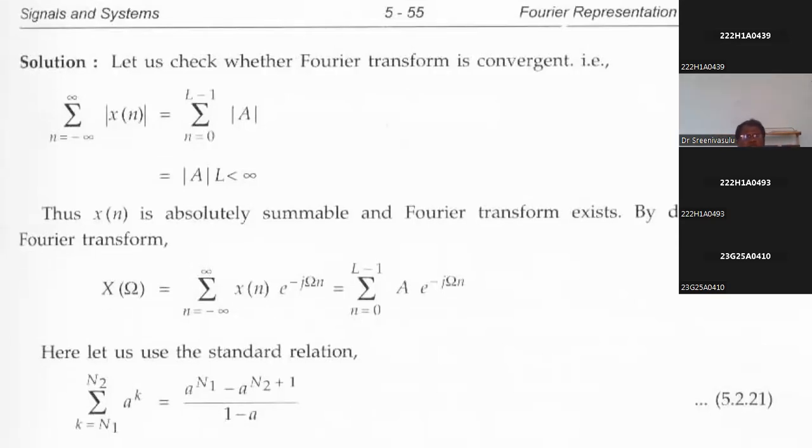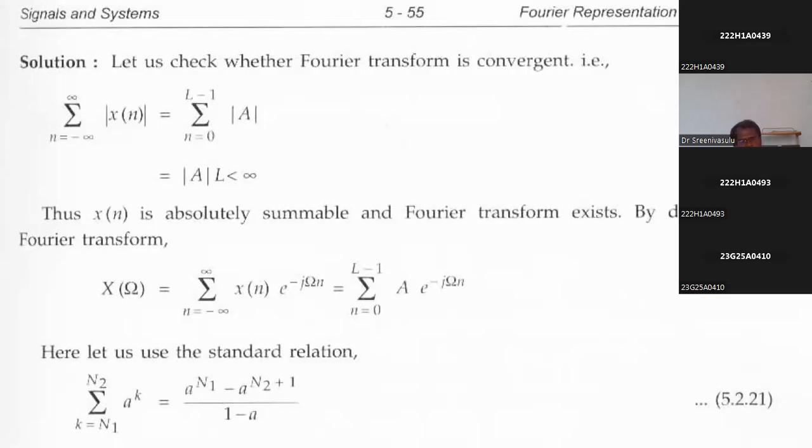The limits are from n equal to 0 to L minus 1, and the magnitude is A, because the amplitude is A. Now if you substitute these values, A into n equal to 0 to L minus 1, the total length counting 0 is L. So L is finite, A is finite, so the sum must be less than infinity. It must be absolutely summable because it is a finite value.